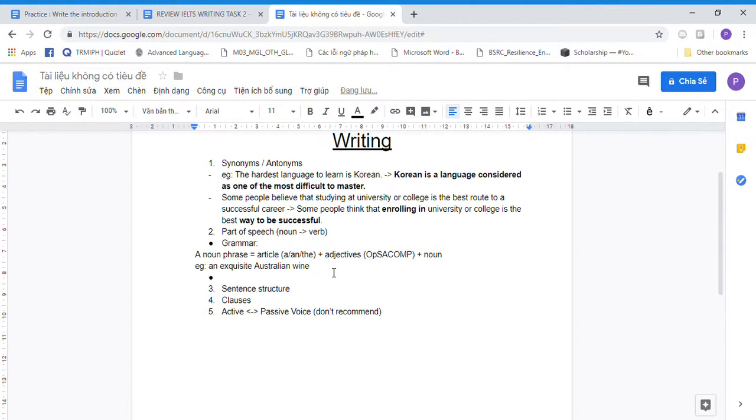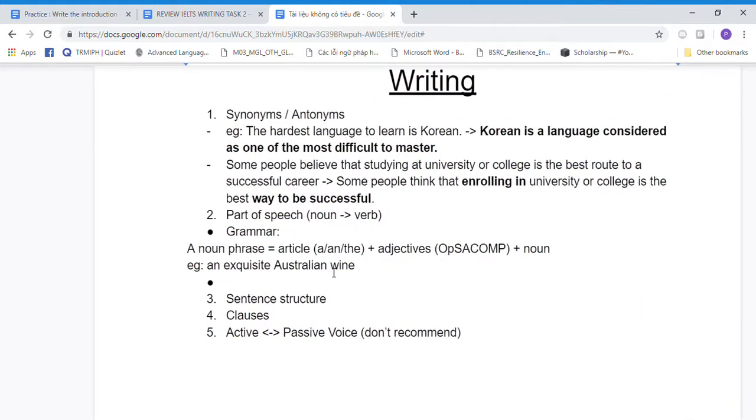So an exquisite Australian wine. Exquisite is an adjective to describe opinion. Australian is an adjective to show the origin of the noun, which is the wine.